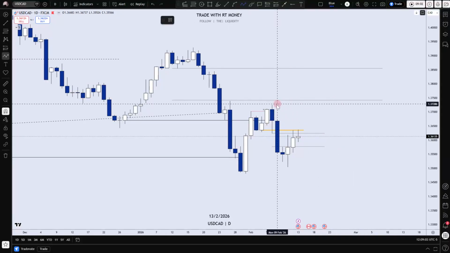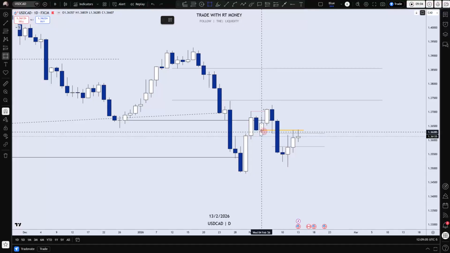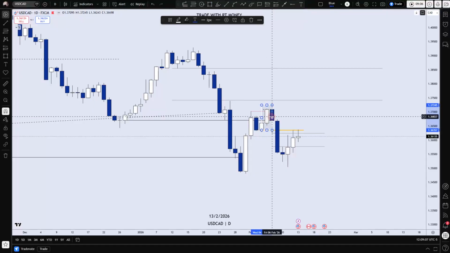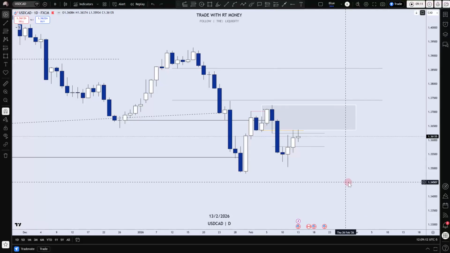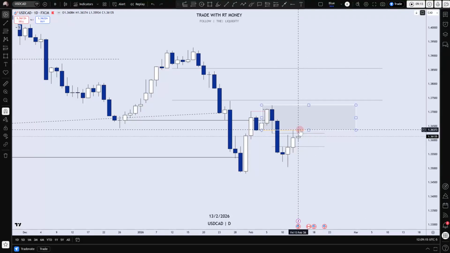All right, we have to see this order block fail. This order block has to fail in order for that scenario to happen. And I wouldn't take a trade until that happens.